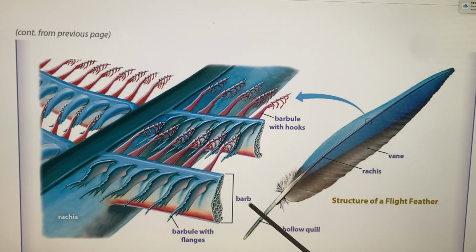And then the barbs, and the barb with the hook, and the barbs with the flanges. So you have some barbules with these flanges down here, and you can see the barb with the hooks. Barbs are these filaments on the grooves of this rachis. And then of course we have the vanes coming down this way.